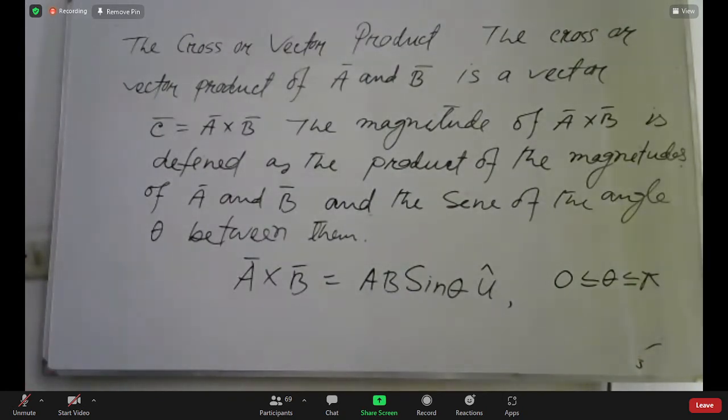So it is a vector. The cross product of two vectors is again a vector. Clear?